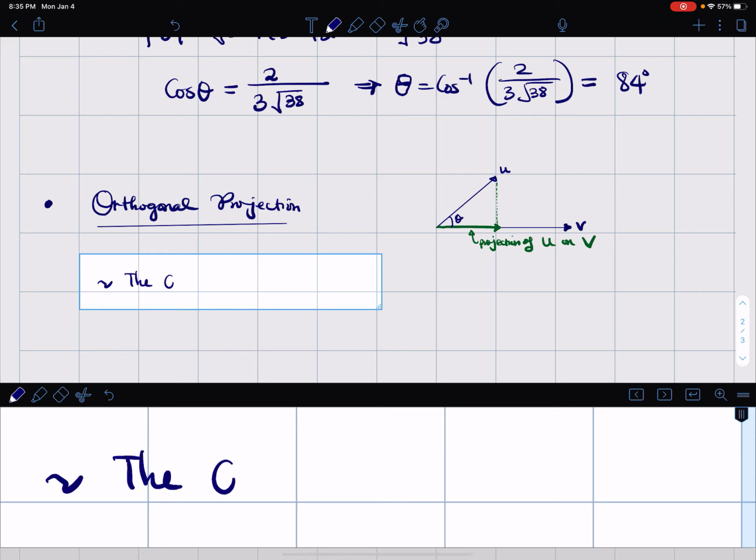So the orthogonal projection, I love that word, even though I'm bad at pronouncing it.